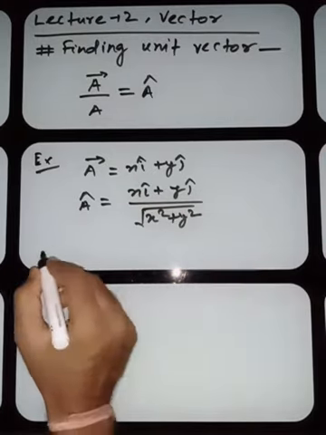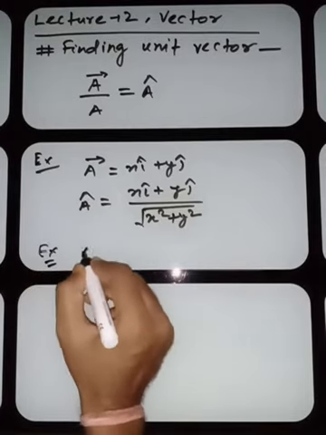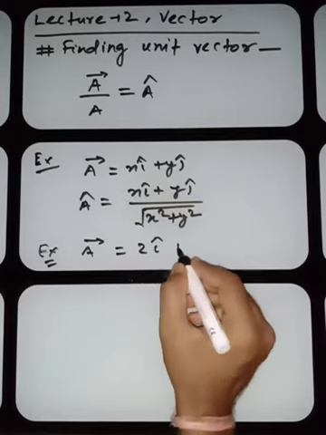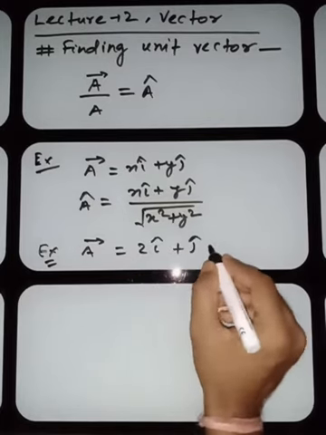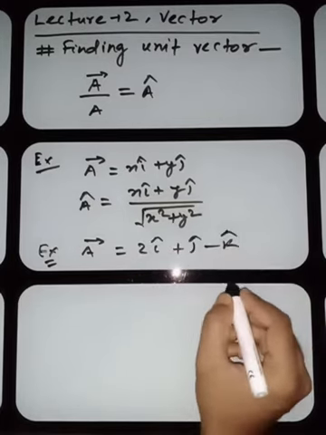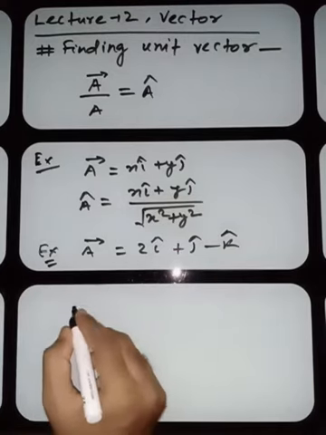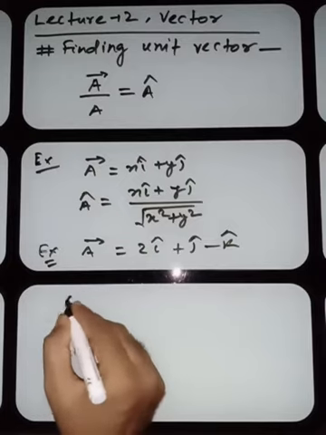If I give you another example, like a is 2i plus j minus k, and we want the unit vector of this vector a, then you can easily write a cap.